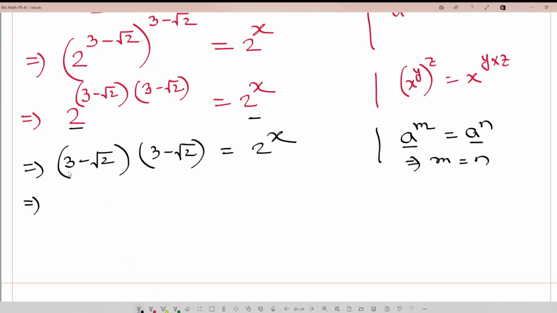So here 3 times 3 is 9, then minus 3 root 2, then minus again 3 root 2, then minus root 2 times root 2 is what? 2, equals 2 to the power x.